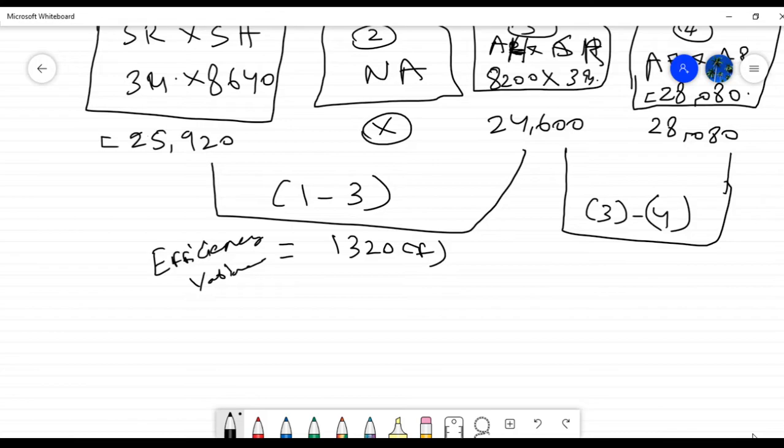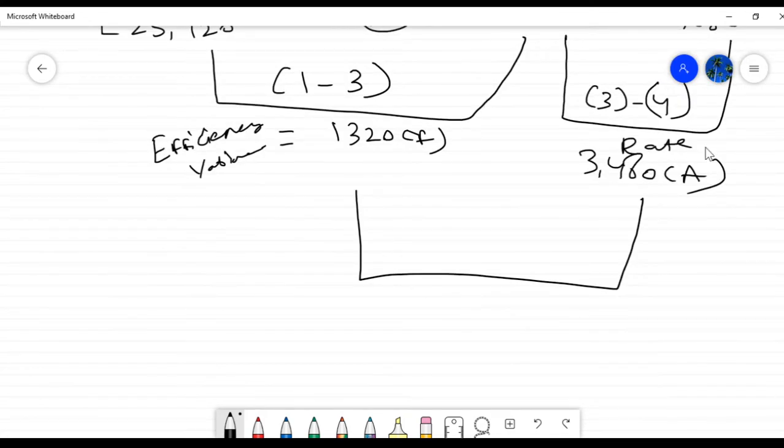Then finally, cost variance. That is the sum of these two. As I said in my PowerPoint presentation, cost variance equals efficiency variance plus rate variance. 3,480 is the rate variance and this is the efficiency variance.